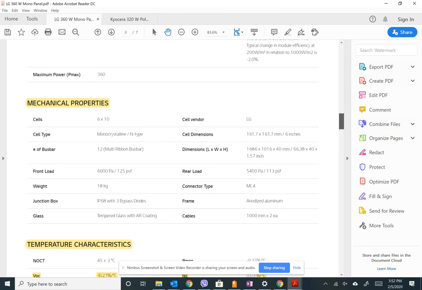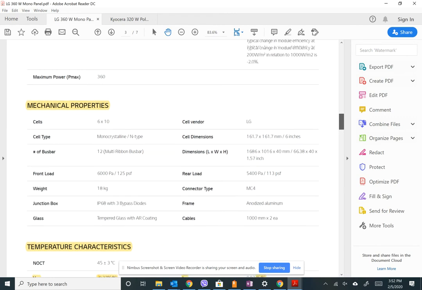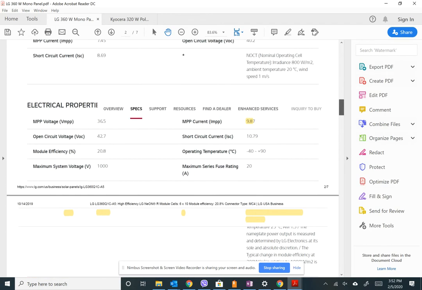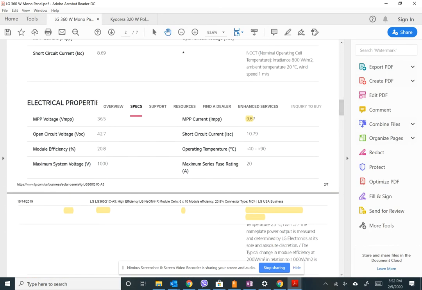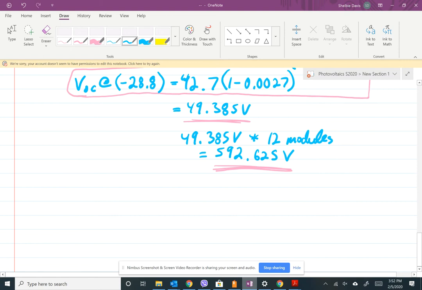This one is, again, not my favorite, but there it is. It's 1,000 right here. Okay. So we're good. Cool. All right. Not too bad. Math isn't too complicated.